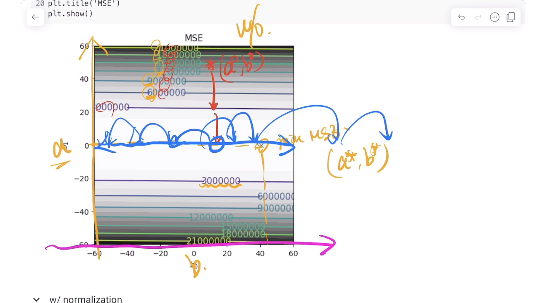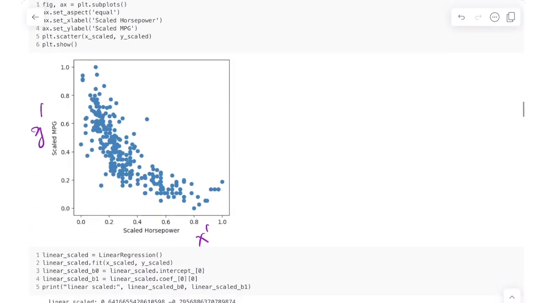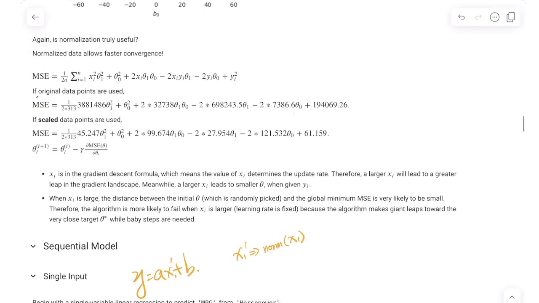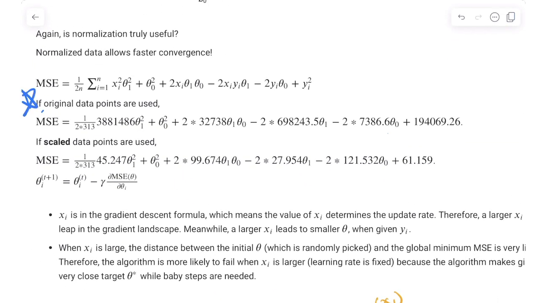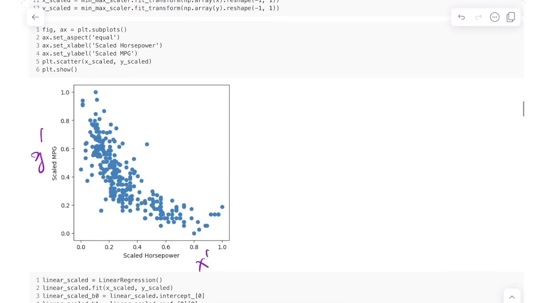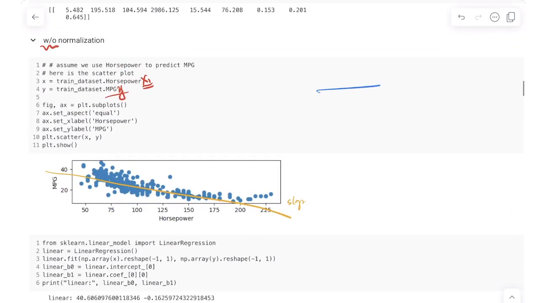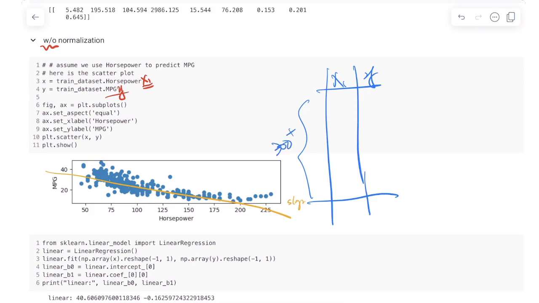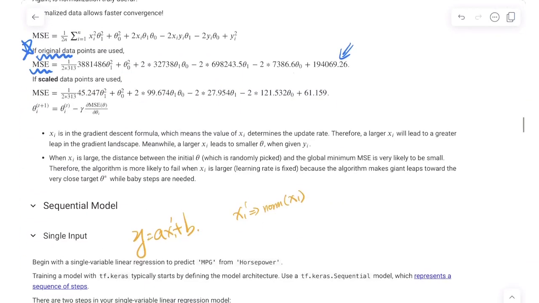The reason why this basin looks so weird is because of this. If we use the original data points, then the MSE value looks something like this. We use the value of x1 and y. I think there should be some 300 data points right here.